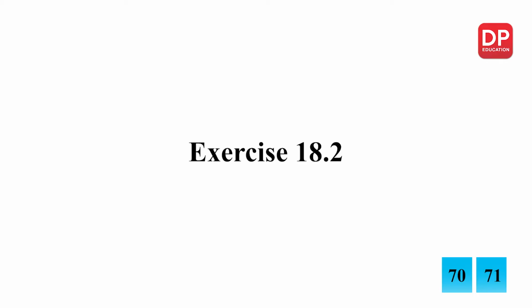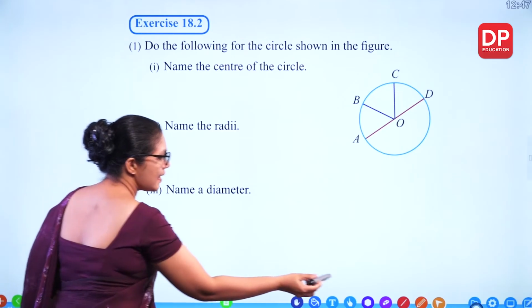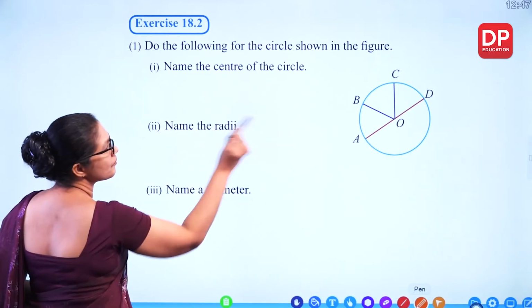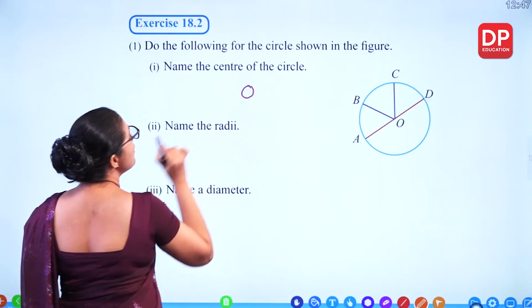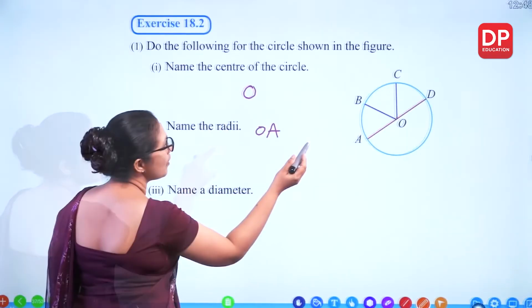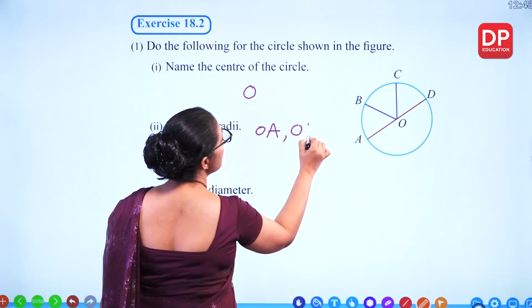Exercise 18.2. Do the following for the circle shown in the figure. Name the center of the circle. So what's the center? Center is O. Name the radii. What are the radii? OA, OD.